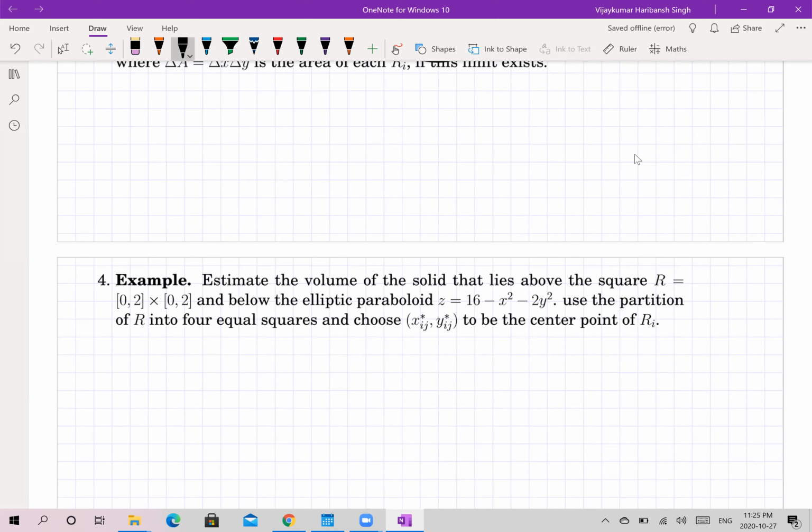So let's draw this. I'm going to draw the domain in this case. The domain is basically a rectangle, [0,2] cross [0,2].